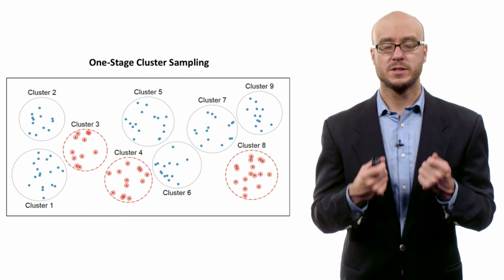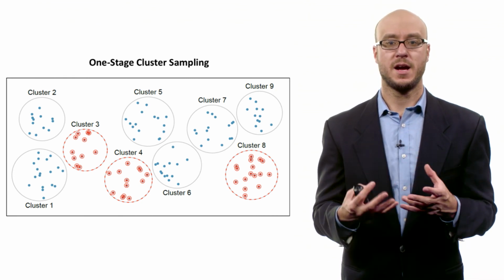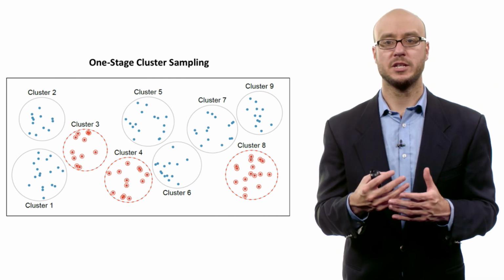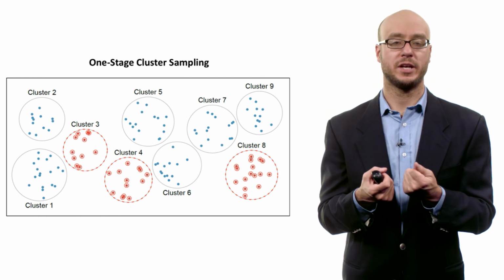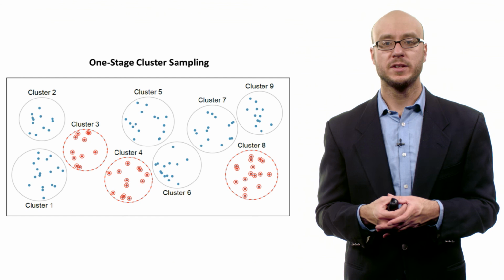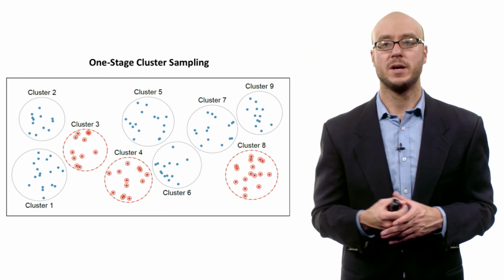The idea behind one-stage cluster sampling is that we save time and money because we don't have to look at the entire population. We just have to really understand those 3 clusters, those 3 particular cities. So cluster 3 might be New York, cluster 4 might be Cleveland, Ohio, and cluster 8 might be Boston, Massachusetts.